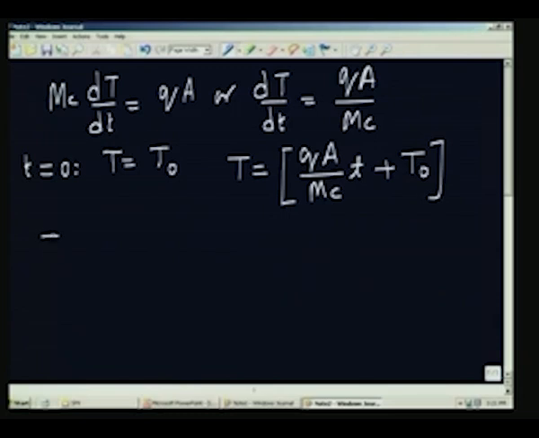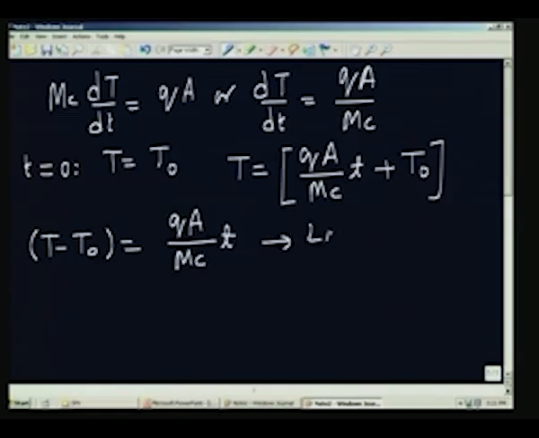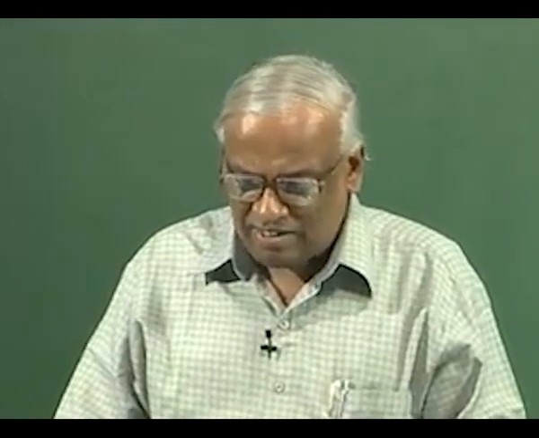In other words, the temperature increase T minus T naught is equal to QA by mc into t. This is a linear variation. Of course, this is not going to be strictly correct, but it is a good approximation in the case of a thin slug which is going to be used as a heat flux gauge.